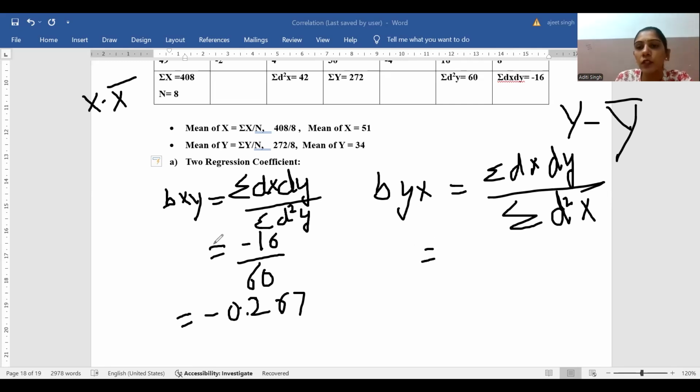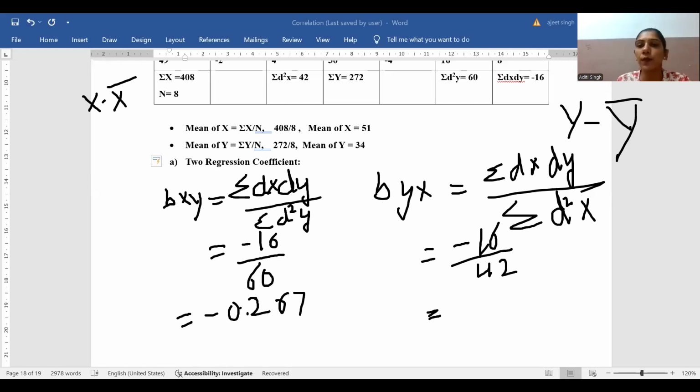The sum of dx dy is minus 16, and divided by sum of d square x, which is 42. Now let's calculate this. First, minus 16 divided by 42.